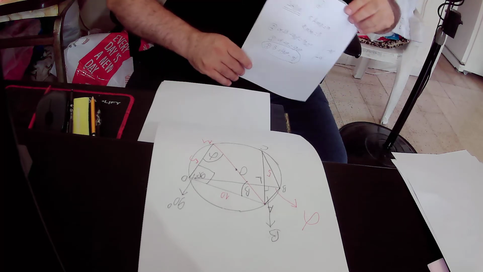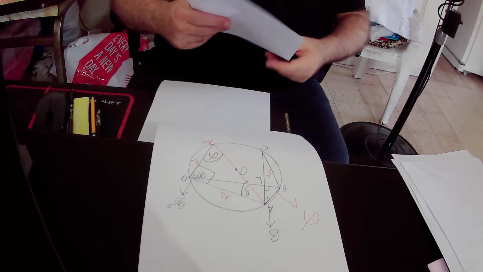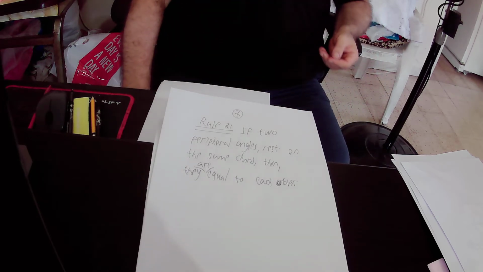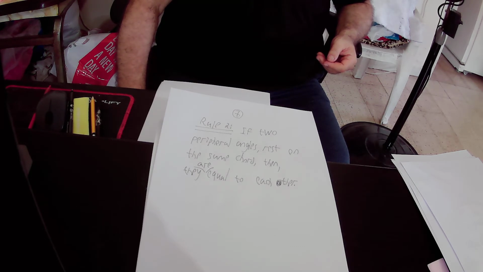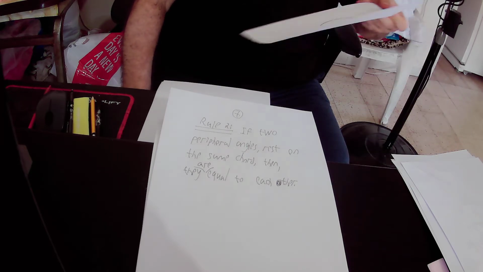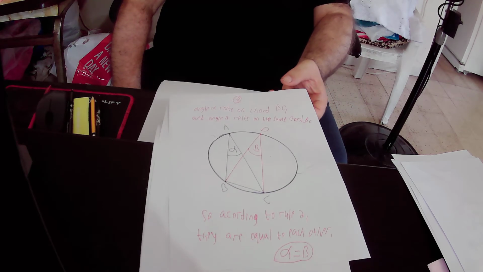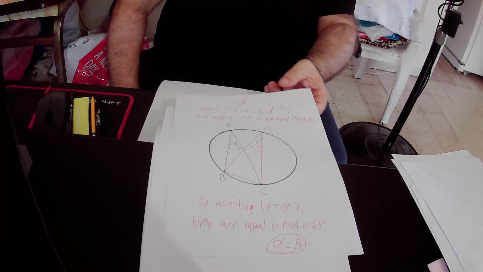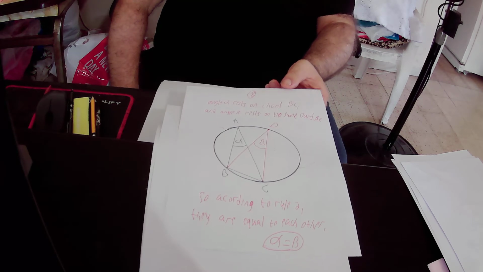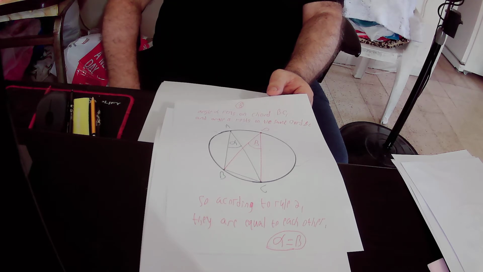Okay, we also have rule number 2, which states that if two peripheral angles rest on the same chord, then they are equal to each other. I'll give you an example to clarify rule number 2. We have two peripheral angles, angle alpha and angle beta.